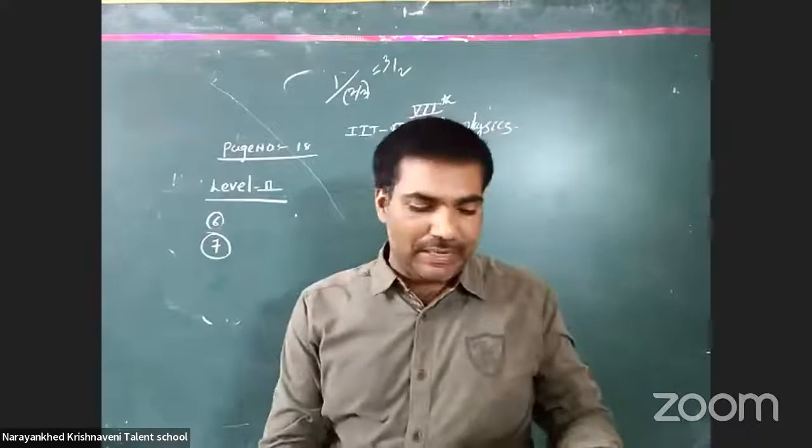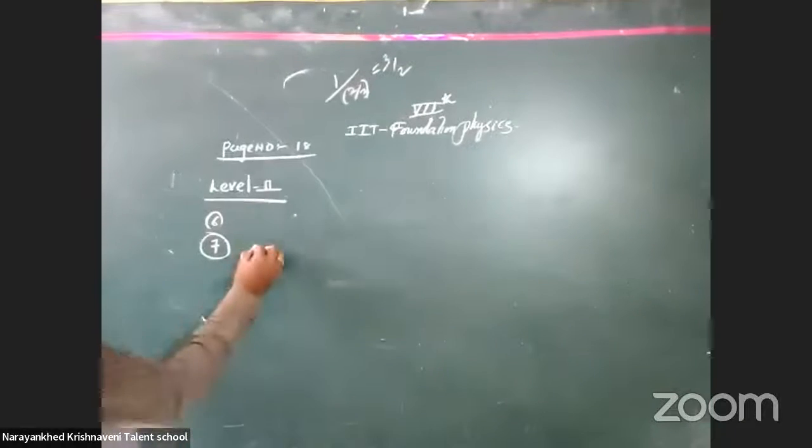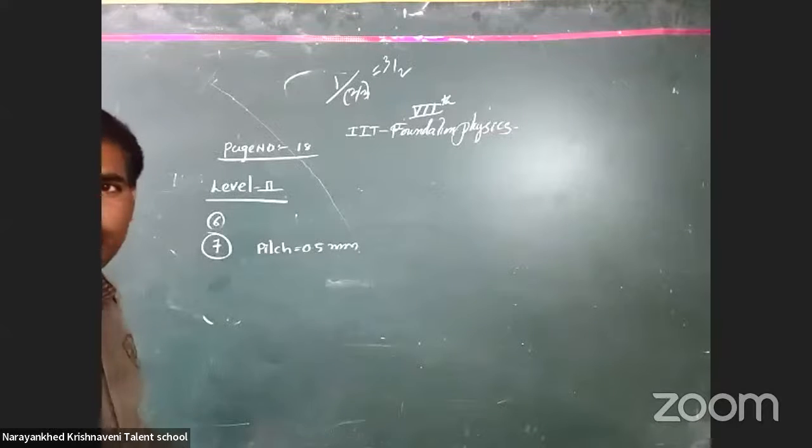Once again I repeat, a screw has a pitch equal to 0.5 mm. Pitch is equal to 0.5 mm. Clear or not, all the students?